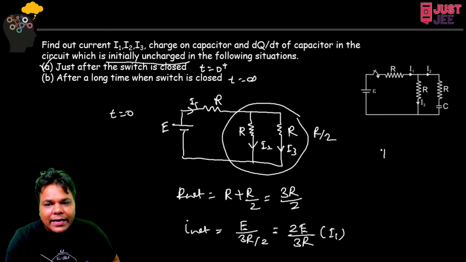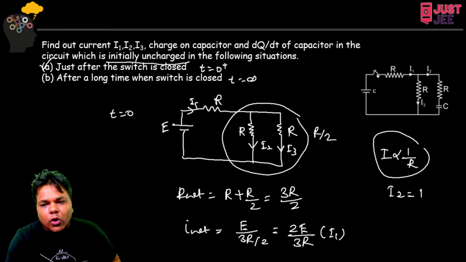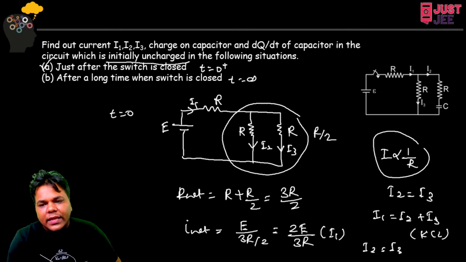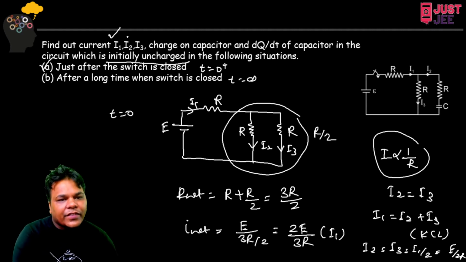So the current is directly proportional to 1 by R. Since the resistances are the same, I2 is equal to I3. And we already know I1 is equal to I2 plus I3 using KCL. So finally, I2 is equal to I3 is equal to I1 by 2, which is E divided by 2R. So we calculate I1, I2, and I3.